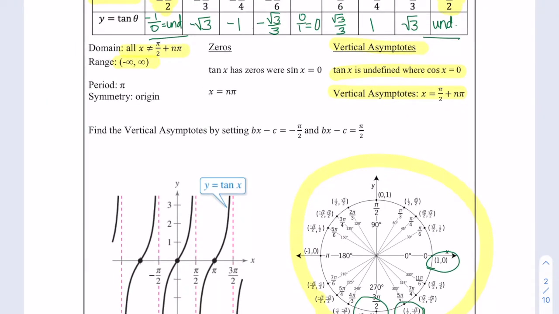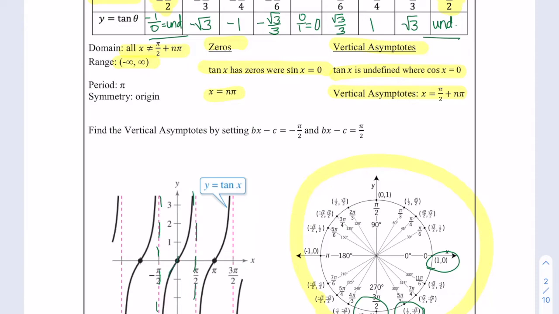Also on the graph, you can notice that the zeros for tangent are when sine equals 0. And they occur at every pi. So here we have the values, and these were the asymptotes that we figured out.